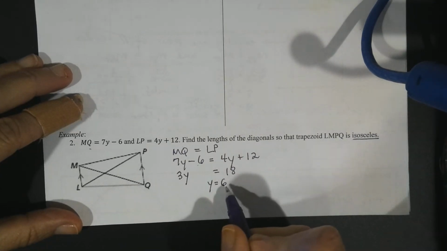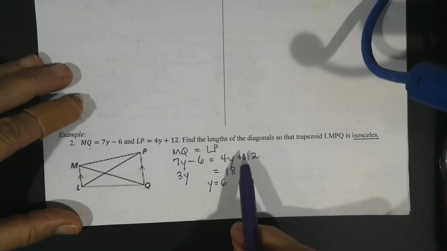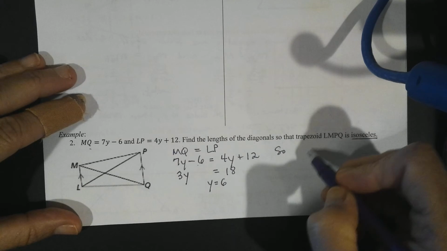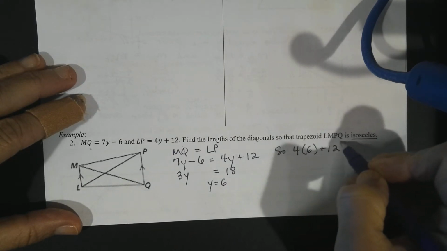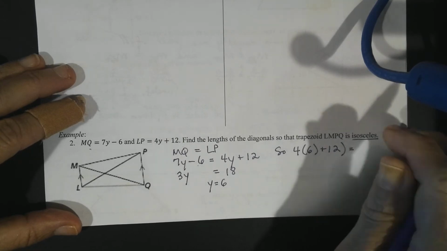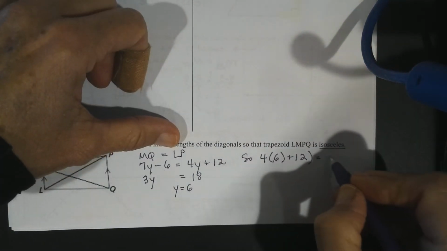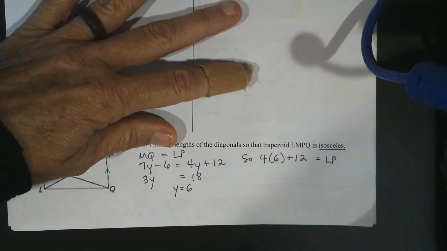So if y is 6, then I need to just plug it in either here or here. I should get the same number, and I'm going to use this one because the numbers look easier to me. So 4 times 6 plus 12, oops, I didn't need to do that, is equal to, here. That's what's nice about erasable pens.